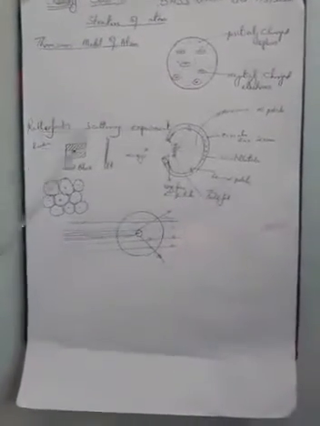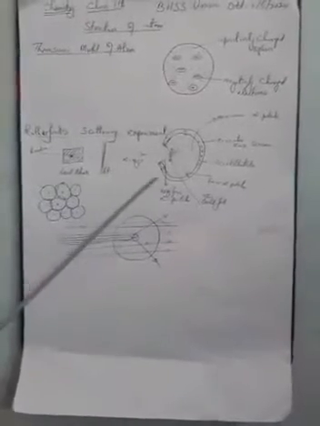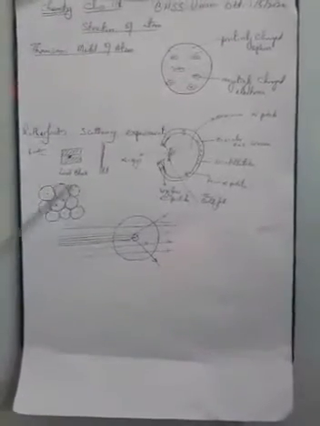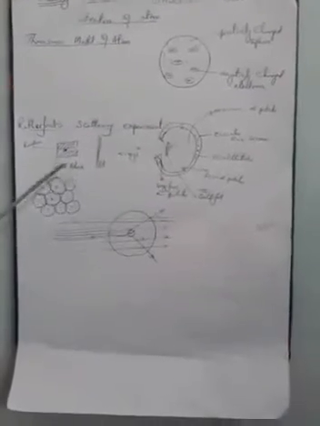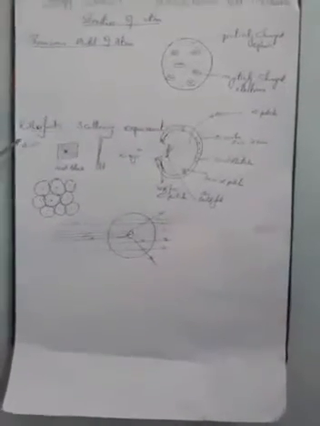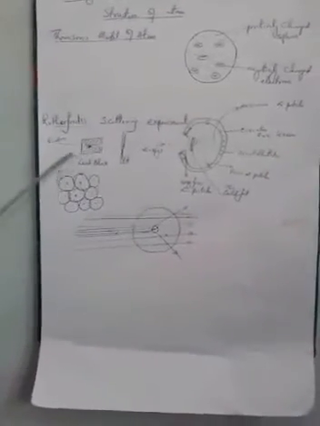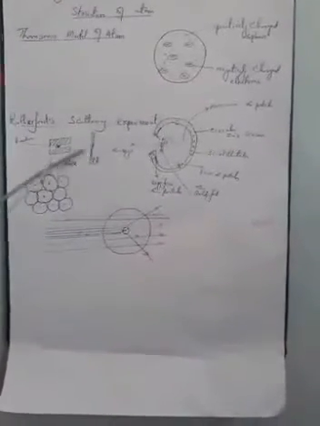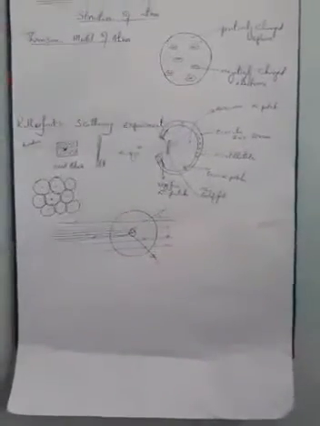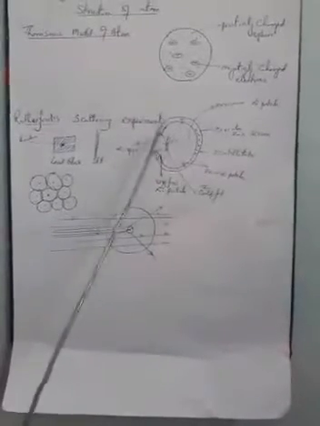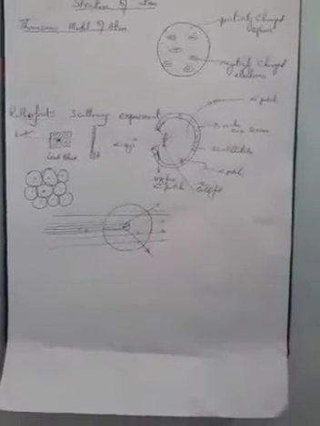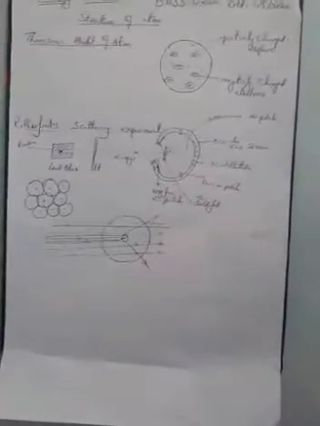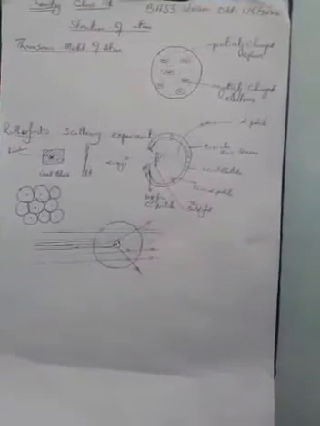Now, the different observations which Rutherford got from this experiment: he found that most of the alpha particles coming out from this lead block, after passing through this slit and falling on this gold foil, about 99% of them, passed through undeflected.